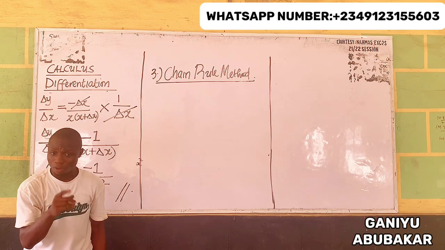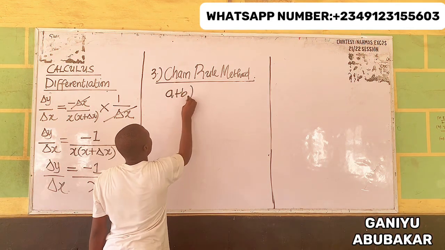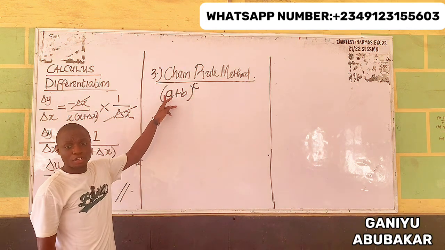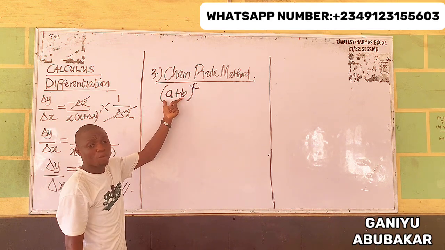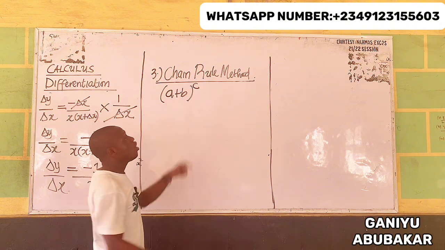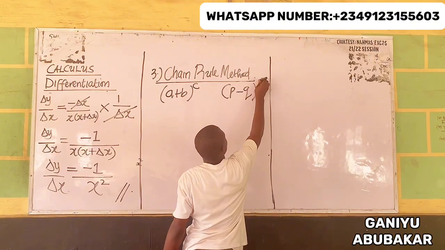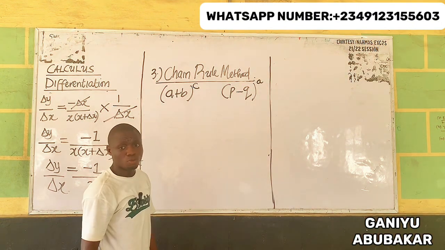If I have A plus B all to power something, what do I apply there? Chain rule. Why? I have two things in a bracket adding up and raised to a power. Or let's say I have P minus Q all to a power, I also apply chain rule.